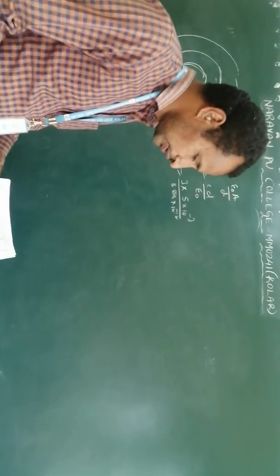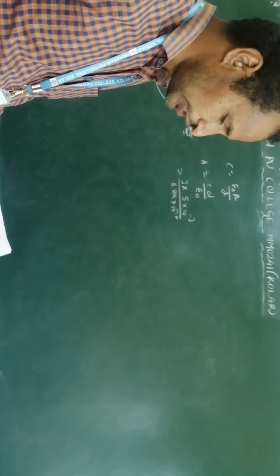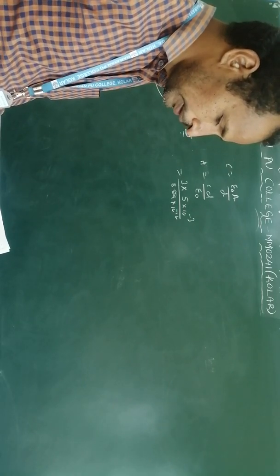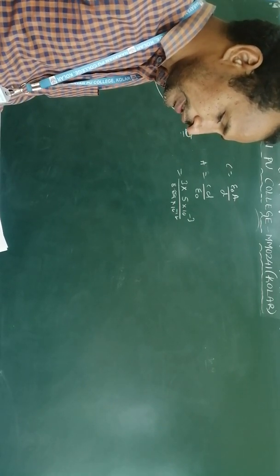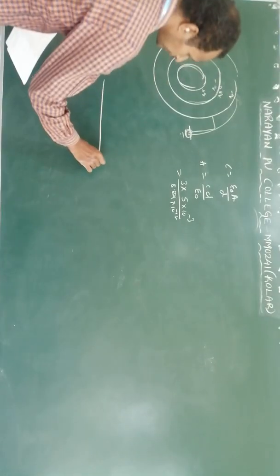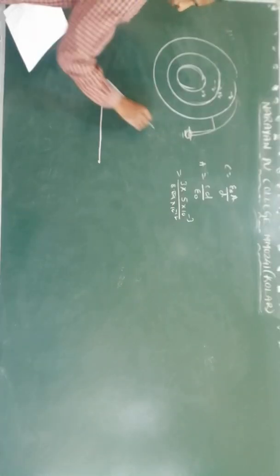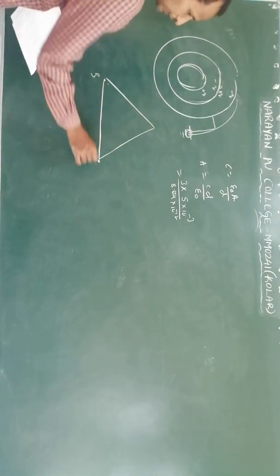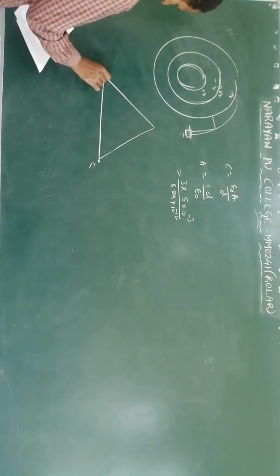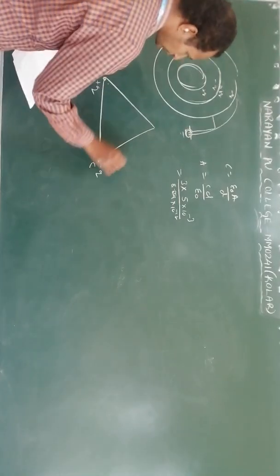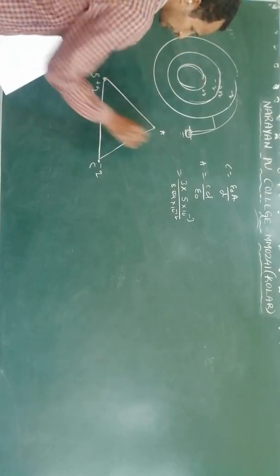Okay, next 10th. They gave a figure: plus q and minus q are placed at the vertices B and C of an isosceles triangle. The potential at A. It is given like this. This is A. They placed plus q at B and minus q at C. They are asking for the potential at this point.